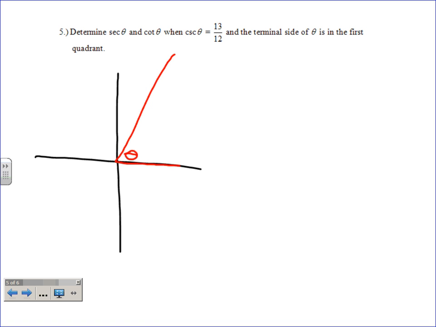But what did I always tell you to do? Connect it to the x-axis. Now let's look here. If cosecant is 13 over 12, can you tell me sine? 12 over 13. Yeah, you flip it, 12 over 13. So does that mean something? Where that 12 goes and where that 13 goes is telling me, because this is sine, it has to be 12 over 13.